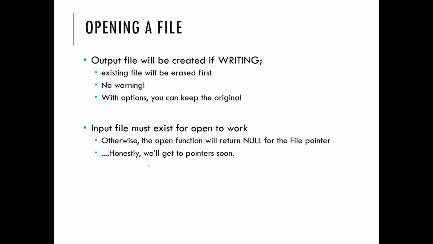And if I'm reading in from a file, that file has to exist for me to do anything at all. If I'm writing to a file, I'll make a brand new file if one doesn't already exist. Reading in from a file, if it doesn't exist, I'll get null for my file pointer, and then all bets are off.